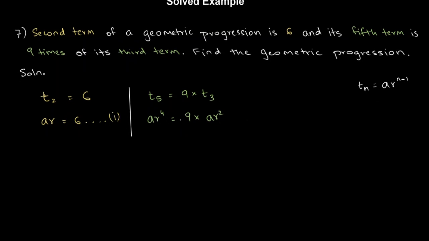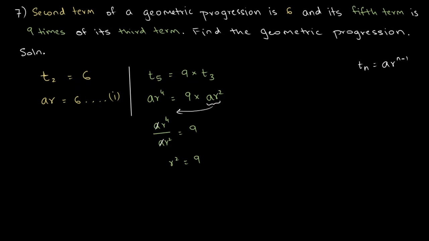Let's simplify this a little further. Let's keep the number here and take this entire term to the other side of the equation. It's multiplication here, so it becomes division on the other side. I get ar raised to 4 divided by ar square equal to 9. Now the a in the numerator and denominator get cancelled, so I'm left with r raised to 4 upon r square, which is r square equal to 9.